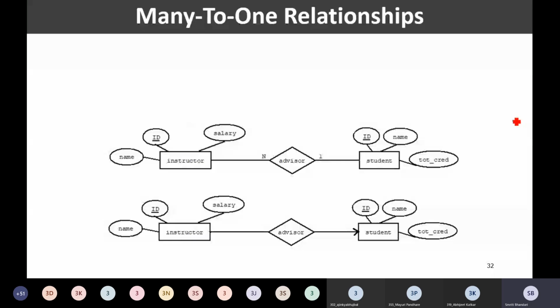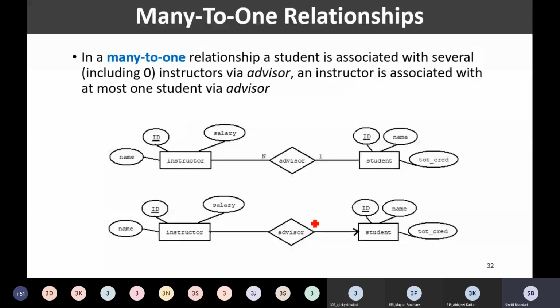So let's see now many to one relationship. In many to one relationship, it is exactly the opposite: many towards instructor, one towards student. How to interpret this relationship now? If it is many to one, a student is associated with several instructors, including 0, and an instructor is associated with at most one student via this relationship set advisor.